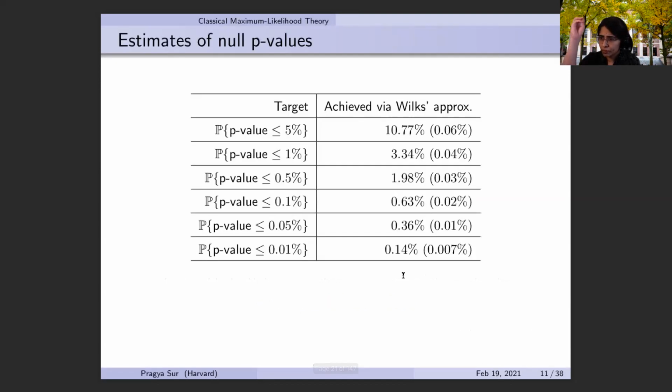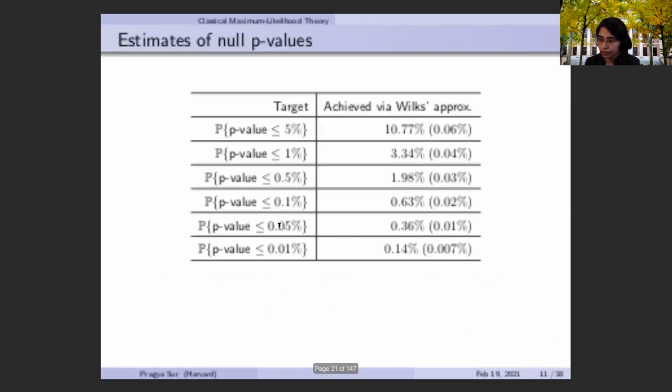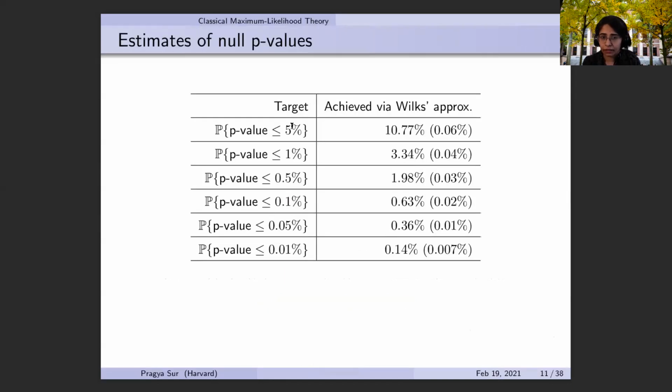But let me zoom into this plot a bit more and try to unpack what's going on. So what I'm doing here is I'm zooming in on the spike close to 0 in the previous plot, so basically in this bin close to 0. And so if I take various target levels in this table, each row corresponds to a different target level.